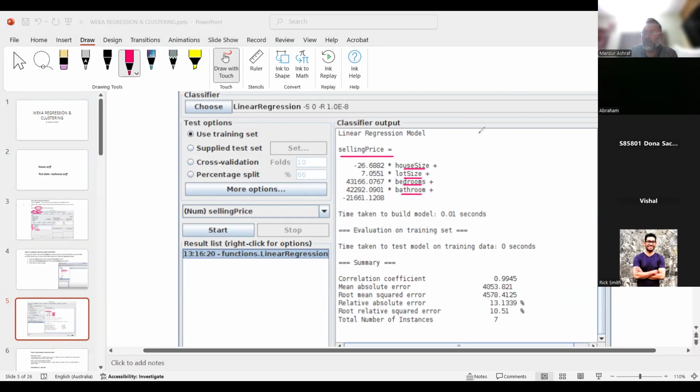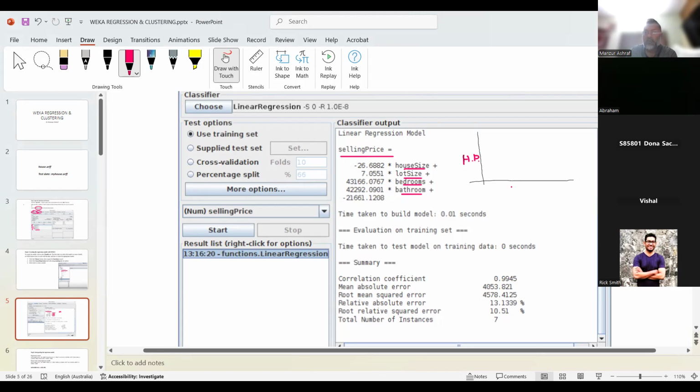So, for example, if I say that this is a graph, in which this is the house price, like H.P. is the house price.